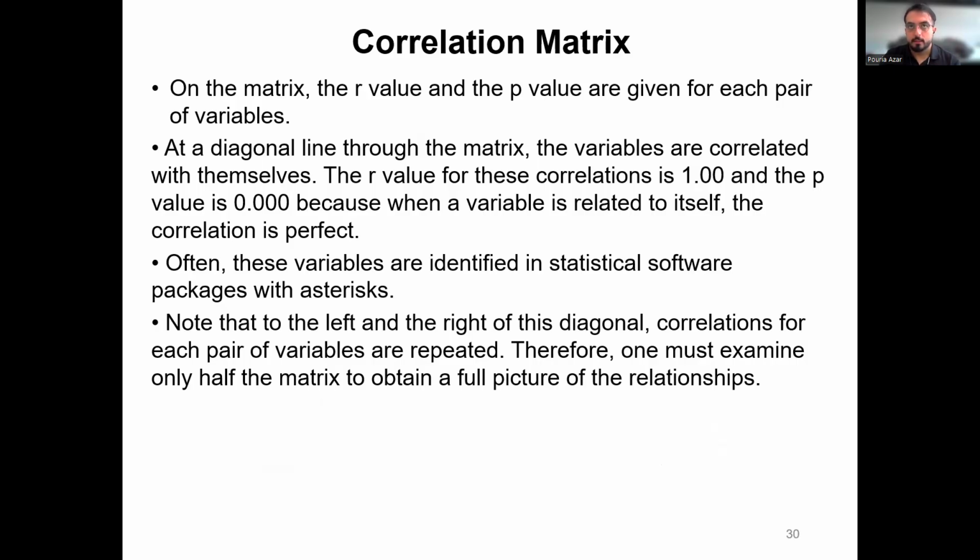If you look at different articles and studies, especially in APA format, most of the time they report a correlation matrix. And we will see that in the next slide. In a correlation matrix, the rho value and the p-value are given for each pair of variables.